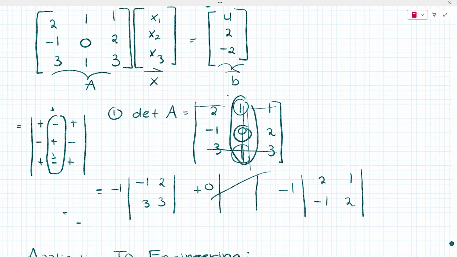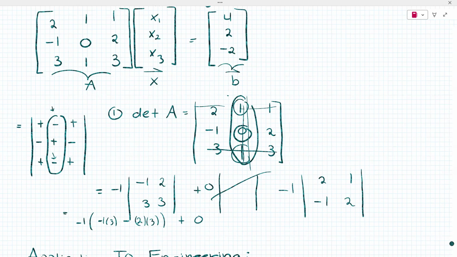It's going to be -1 times -1 times 3, minus 2 times 3. I know this is going to be 0 because 0 times anything.